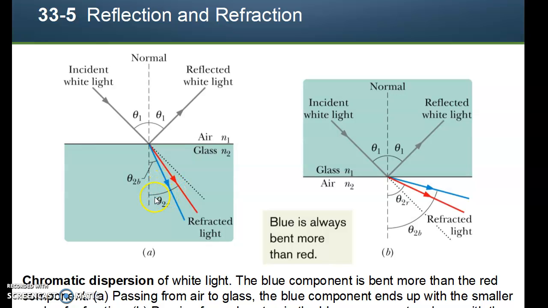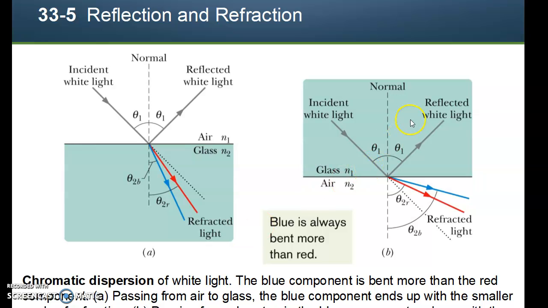This is the refracted light, and it bends this way because this medium has a higher refractive index than this one up here. However, up here you have glass going into air.